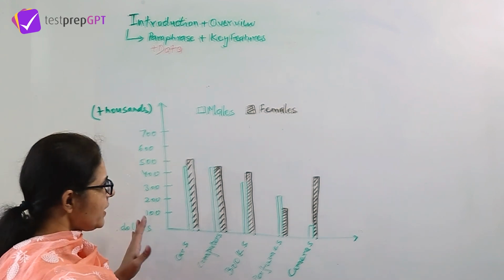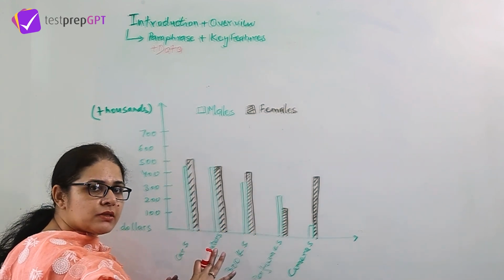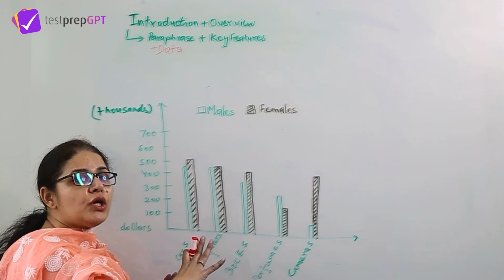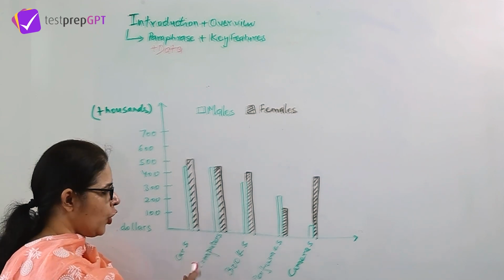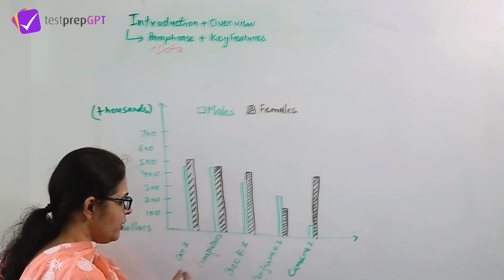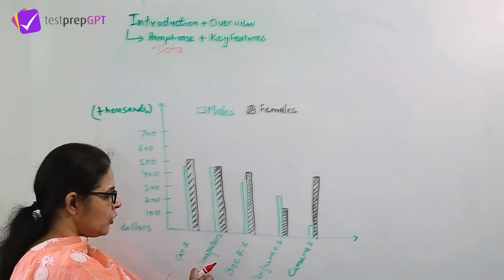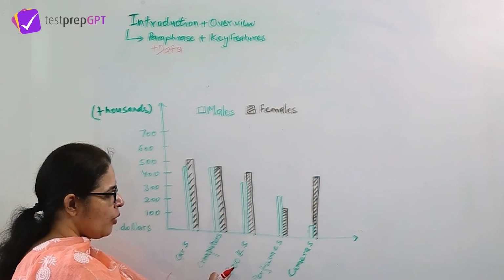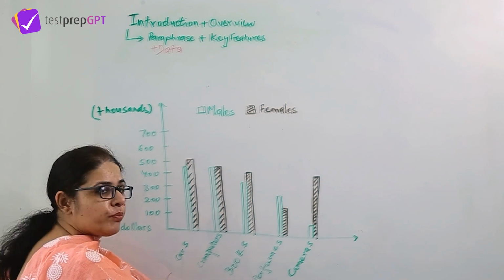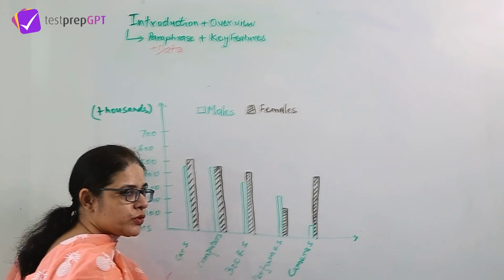So we can say the bar graph demonstrates the amount of money spent on 5 consumer goods, and then you can add a bracket and write cars, computers, books, perfumes and cameras, and then close the bracket.